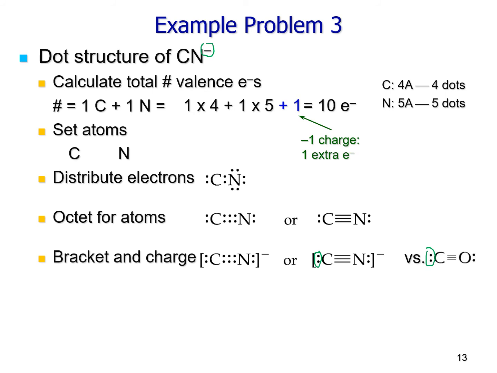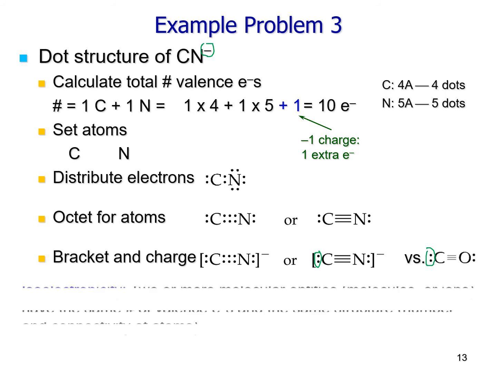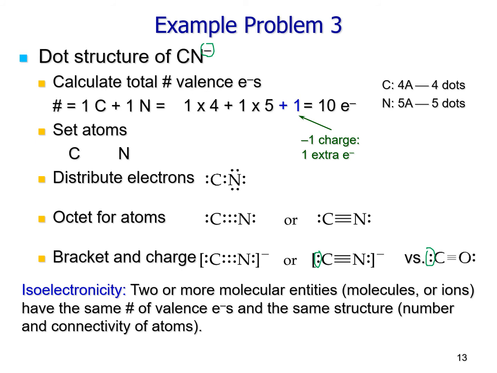It deactivates the iron 3 plus inside of the blood that is in hemoglobin. And since we see the similarity in the structure, we call these 2 species isoelectronic, because we see 2 or more molecular entities that have the same number of valence electrons and the same structure.